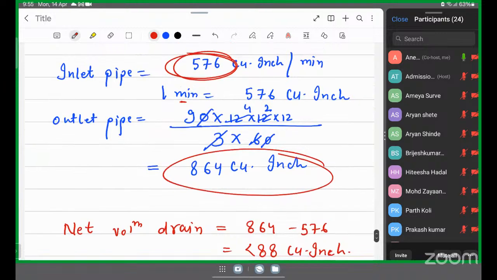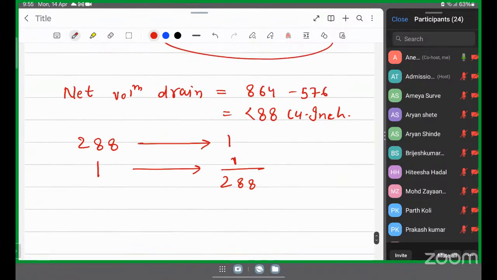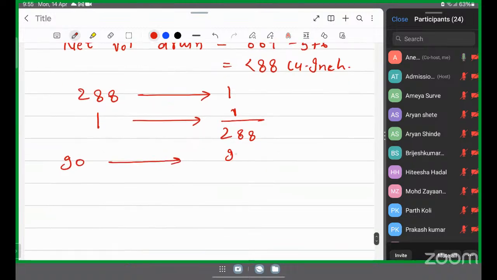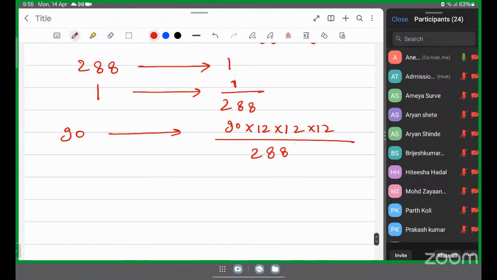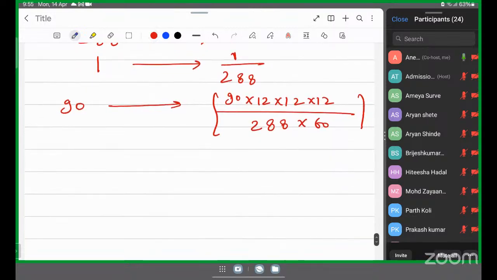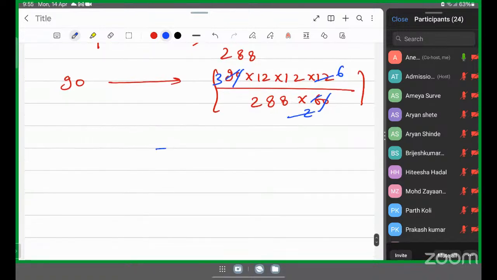And for total volume we have 90 feet cube. So for that it will be 90 into 12 into 12 into 12 because other readings are in inch, divided by 288. This will be in minutes. If you divide it by 60, the answer will be in hours. So if you solve it, this will cancel out. This will be 3 into 12 into 12 into 6 divided by 288.